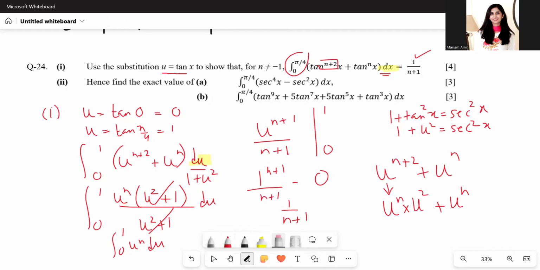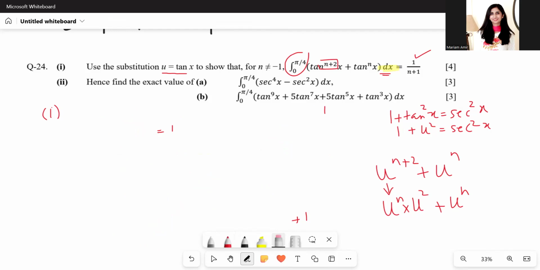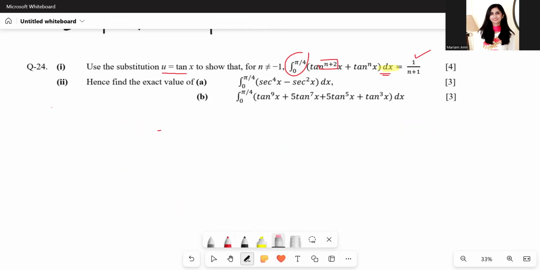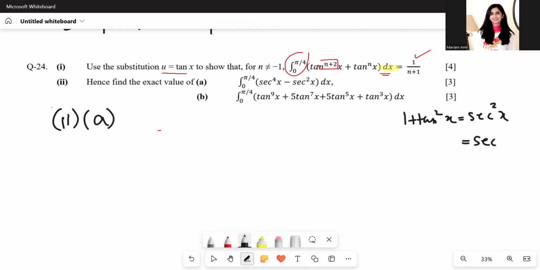Part 2 says, hence, find the exact values of these integrals. Hence means we'll be using the results found in part 1. First of all, in part 2, part A, we have secant, and in part 1, we had tan. So first we're going to convert secant into tan using the identity 1 plus tan square x equals secant square x. So secant power 4 x would be 1 plus tan square x whole squared.